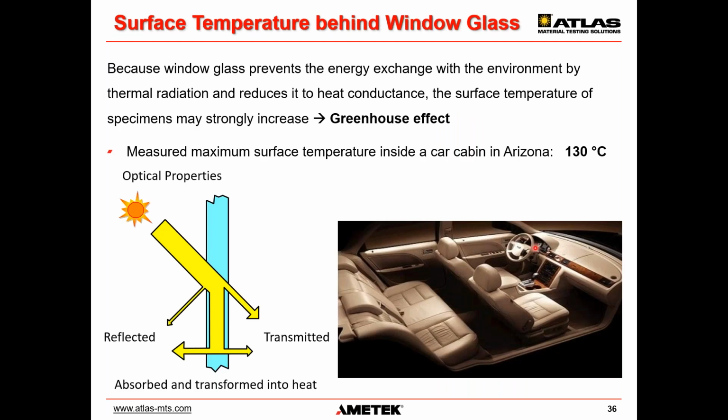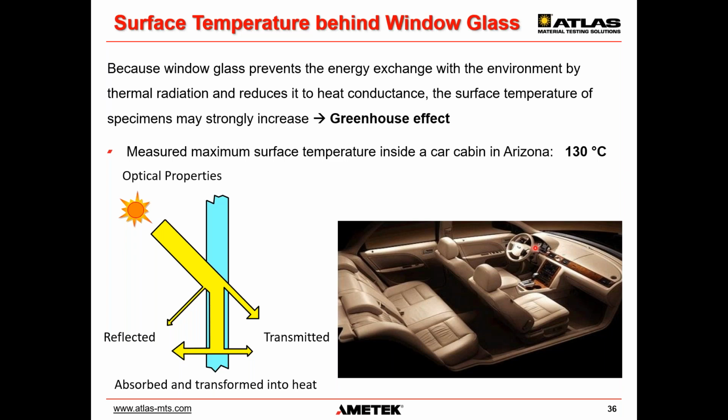There's a specific case when you have a separate area. That's a typical greenhouse effect when you have a surface in an enclosed cabin. An automotive cabin typically has windows, and through the windows, solar radiation can pass through.